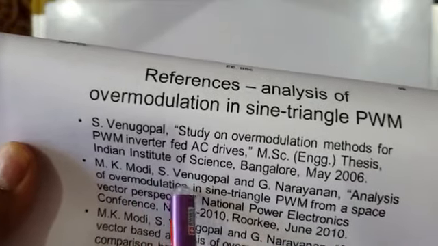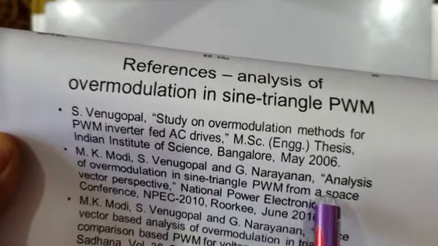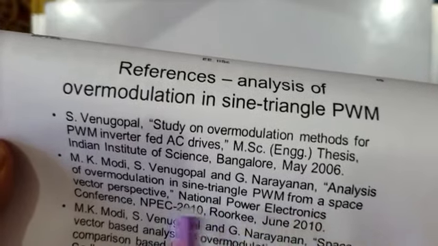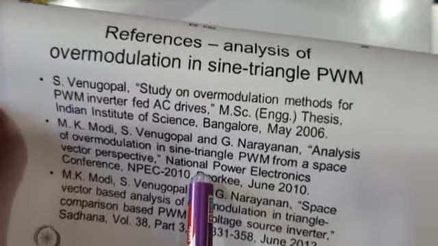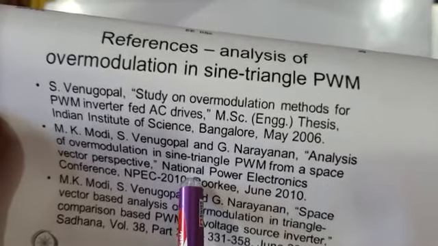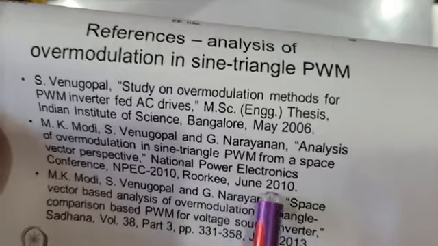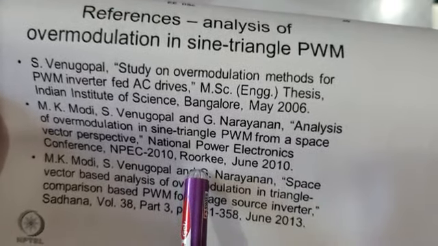Another is M.K. Modi, S. Venugopal, and G. Narayanan, Analysis of Over-modulation in Sine Triangle PWM from a Space Vector Perspective. You can find it in a conference paper, the National Power Electronics Conference, NPEC, held in 2010 at IIT Roorkee.